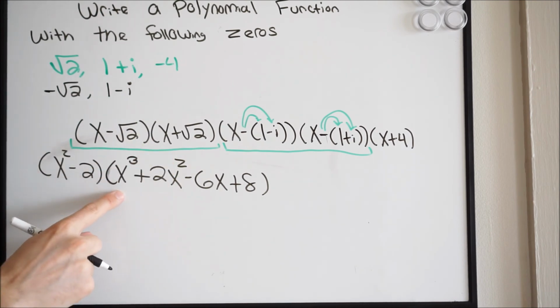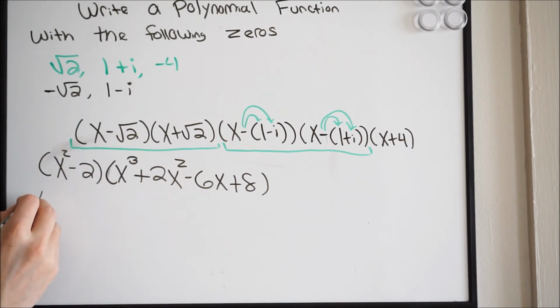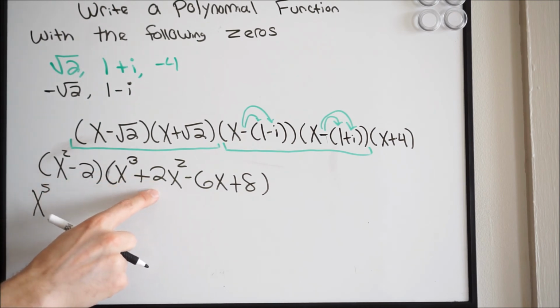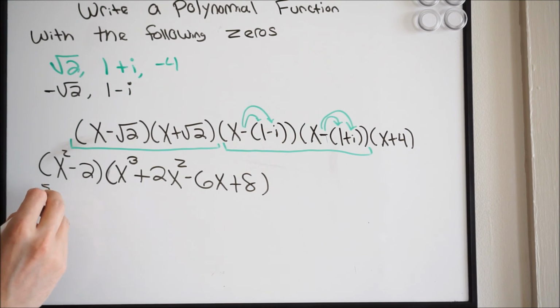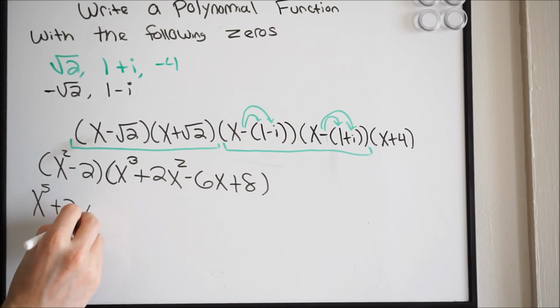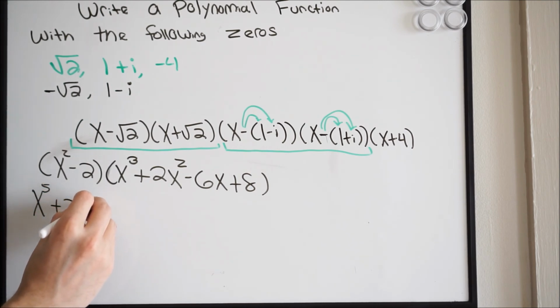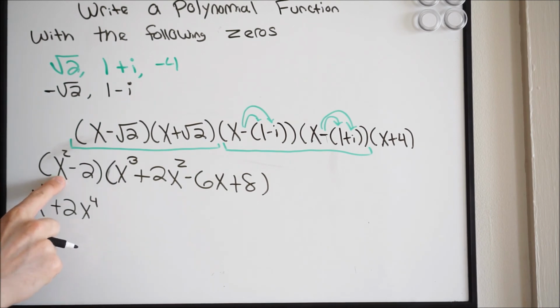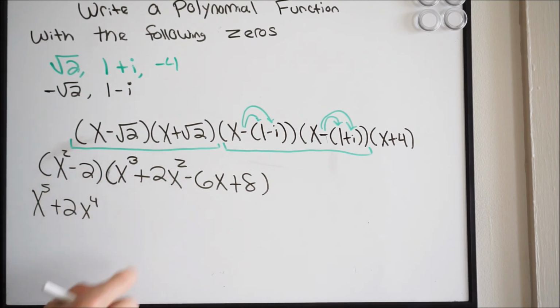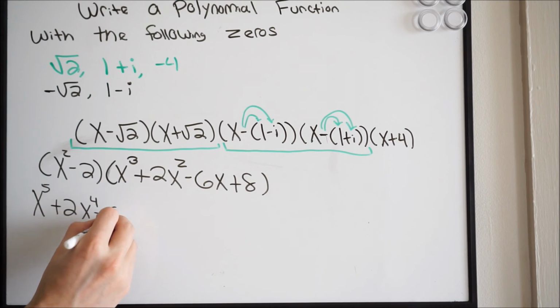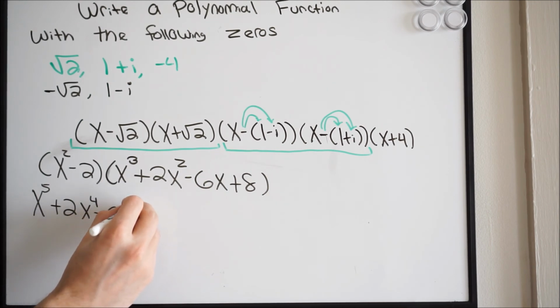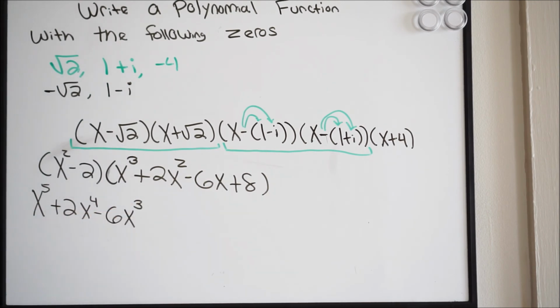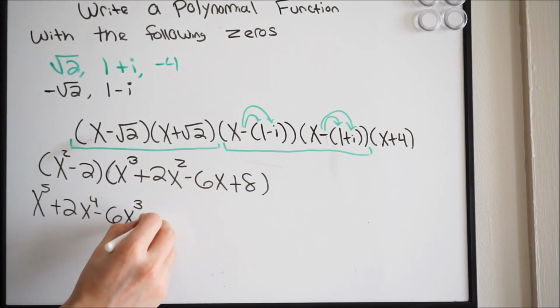So x squared times an x cubed will be x to the fifth. x squared times a 2x squared, so now we get plus 2x to the fourth. x squared times a negative 6x, that will be negative 6x cubed, okay? x squared times an 8, plus 8x squared.